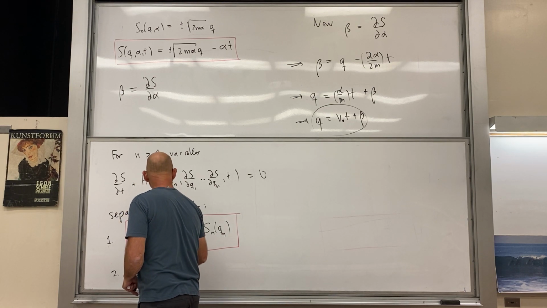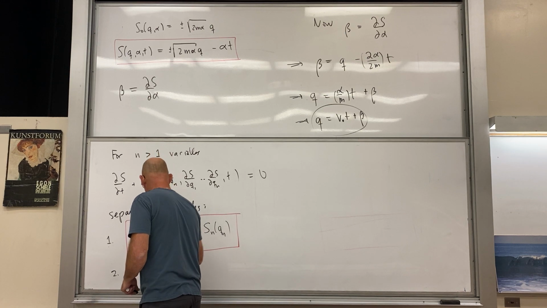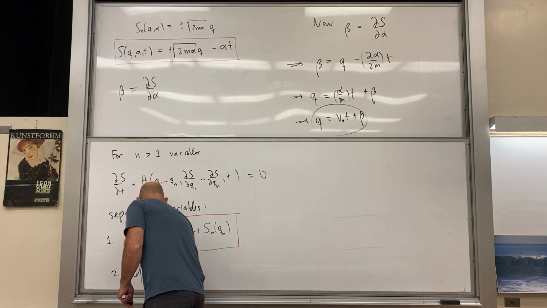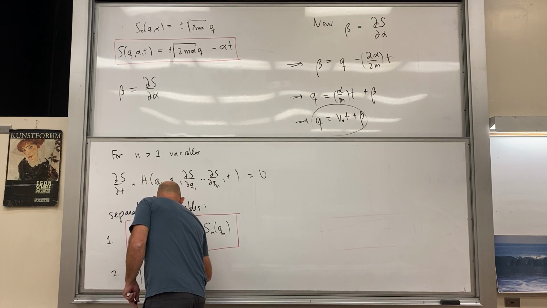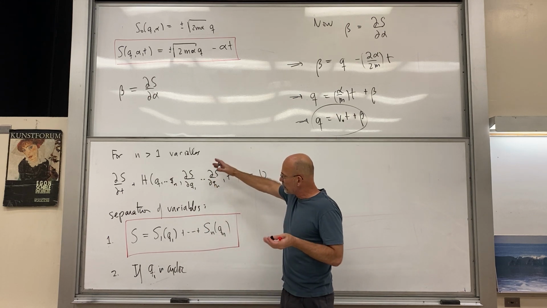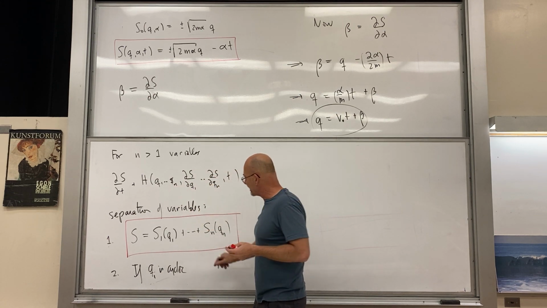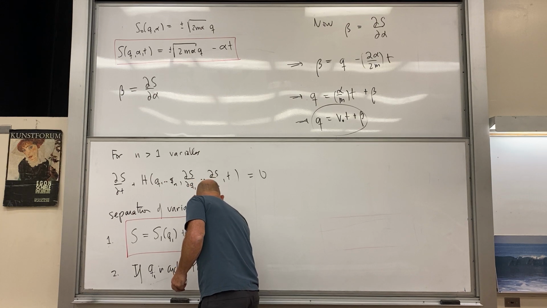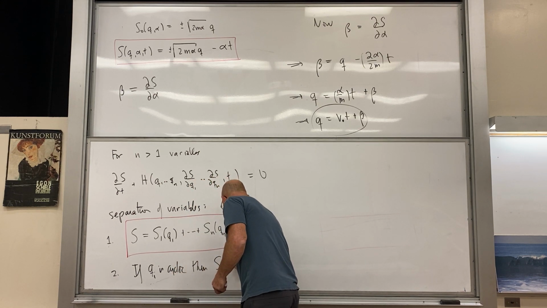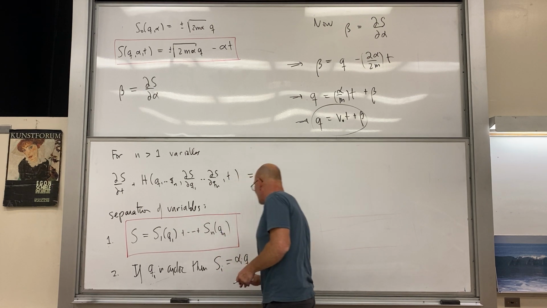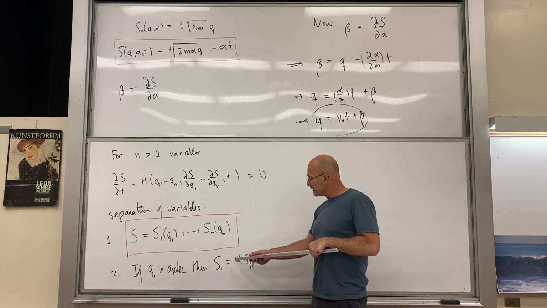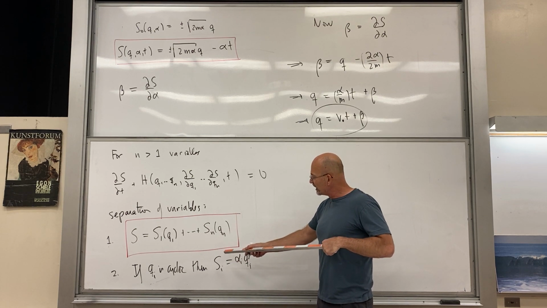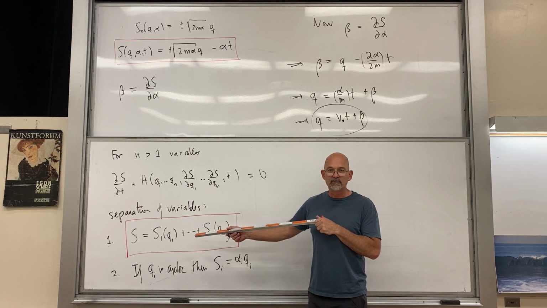If Q sub I is cyclic in our Hamiltonian, remember, of course, we're starting with a Hamiltonian, then S sub I can simply be written as alpha sub I Q sub I. Because if Q sub I is cyclic, then alpha sub I is the conserved momentum, and we retain that conserved momentum in the new system of coordinates.